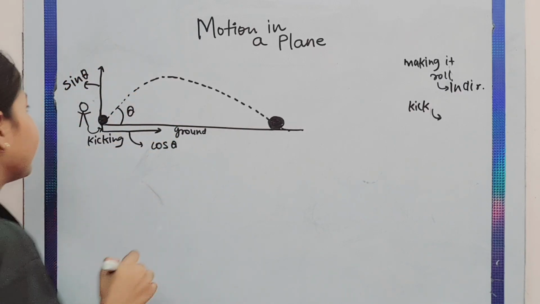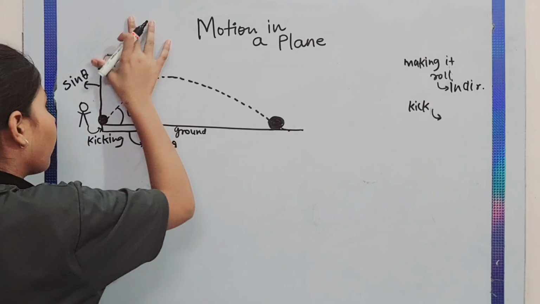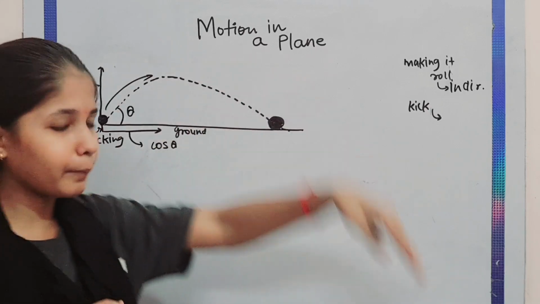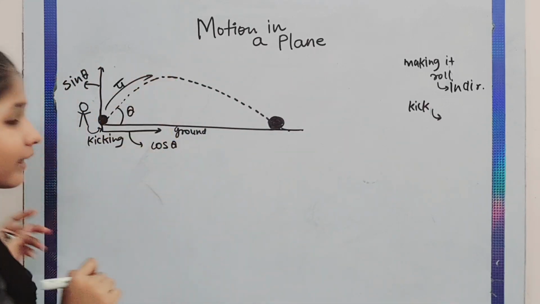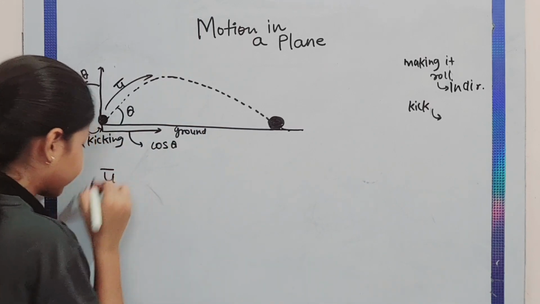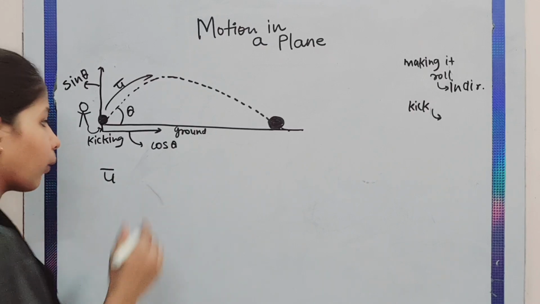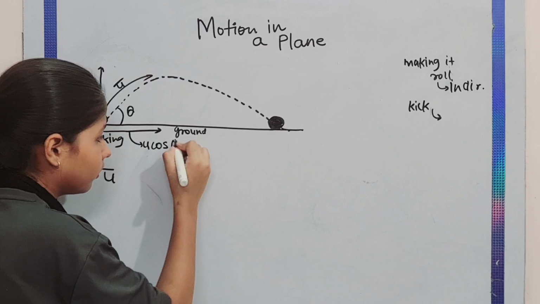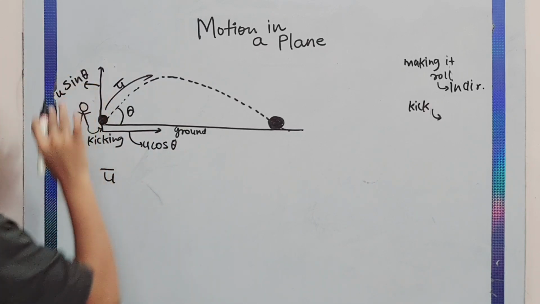And if I am saying that this ball has gone with some angle, with some theta, and its vector is u vector. What I am saying? U vector. So what will be its ground level, or the x-axis? It will become u cos theta, and this y-axis will become u sin theta.